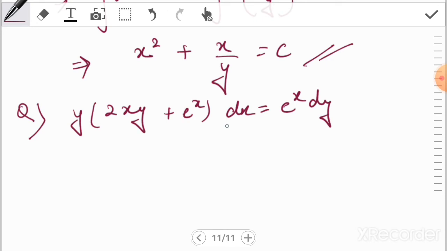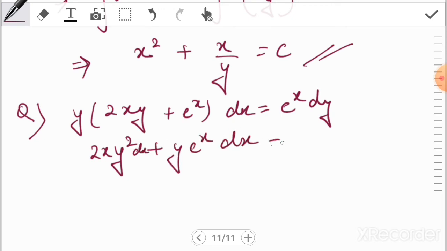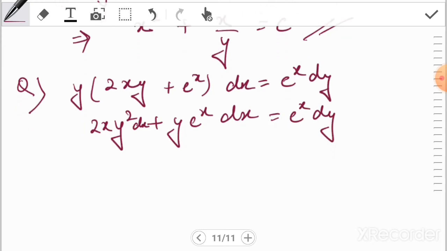Right? Now expand. So 2xy square plus y e raised to the power x dx is equal to e raised to the power x dy. Okay.